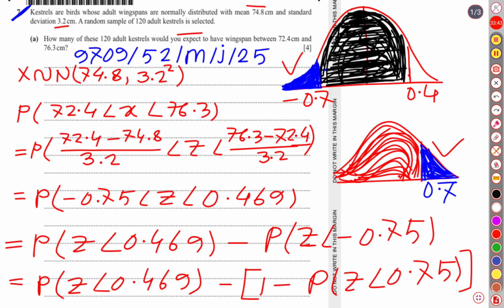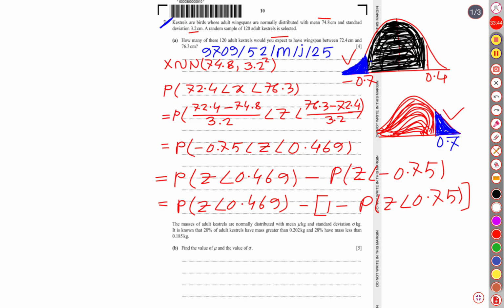Well, it is exactly the same as the previous one. So for this tiny blue shaded part, what will we do? From 1 we will subtract. Here it has been written: from 1 we will subtract the larger part, then we will get the tiny part.